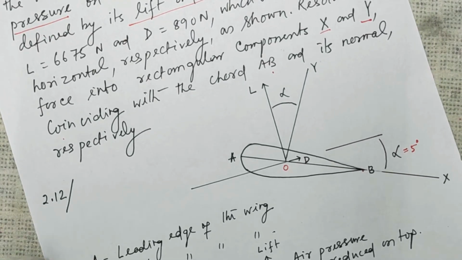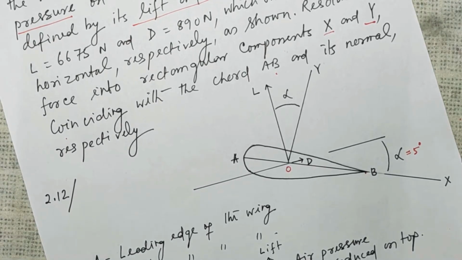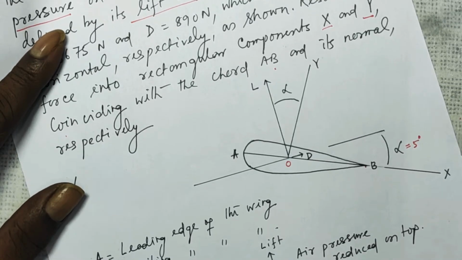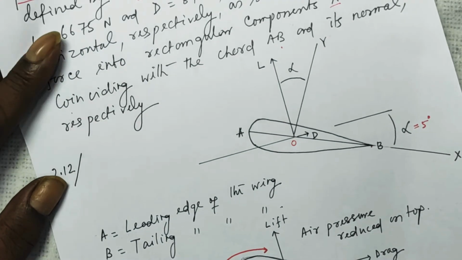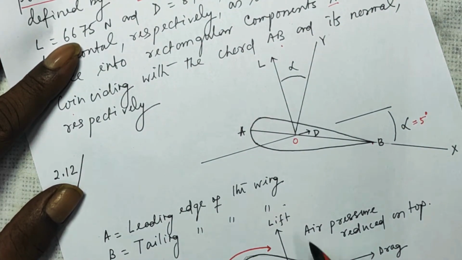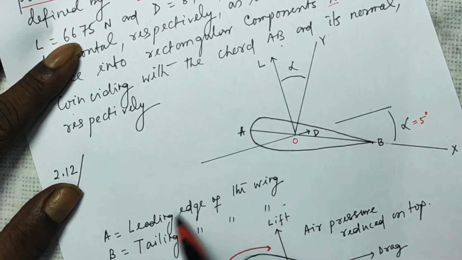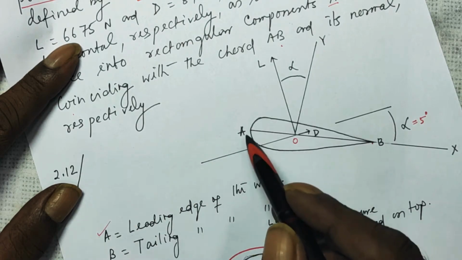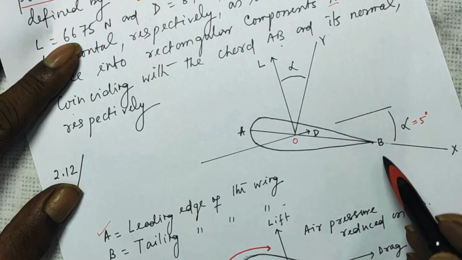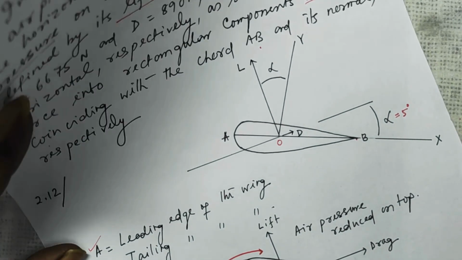Now look, the discussion is very simple, but before I solve, let me explain certain aspects of aeronautical engineering. This point A is called the leading edge of the wing. The point B is called the trailing edge of the wing.